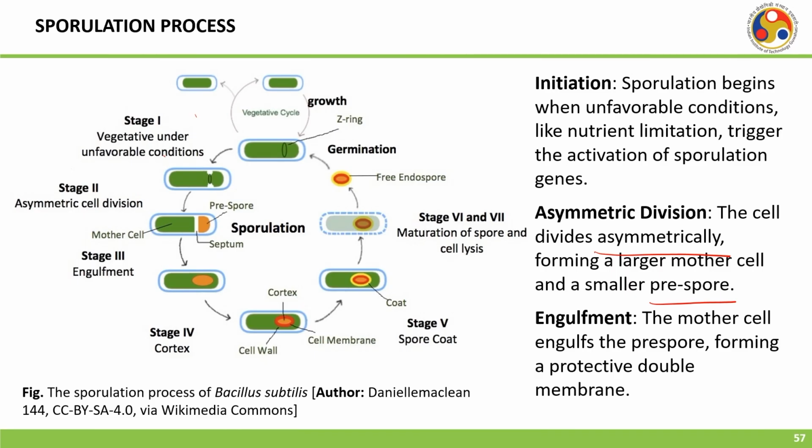The next stage, stage 3, is the engulfment stage, where the mother cell will engulf the pre-spore and thereby form a protective double membrane. This is the mother cell and this is the pre-spore.